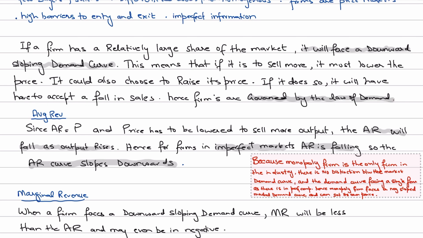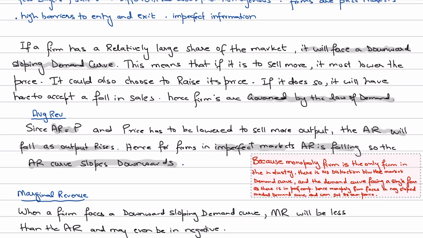Now let's talk about what average revenue is. We've already seen in the previous video as well that average revenue is always equal to price, right? So average revenue is your price. The value of average revenue at an output would always equal the price. And we know that if you want to increase quantity demanded, which means if you want to increase your sales, you need to reduce your price, right?